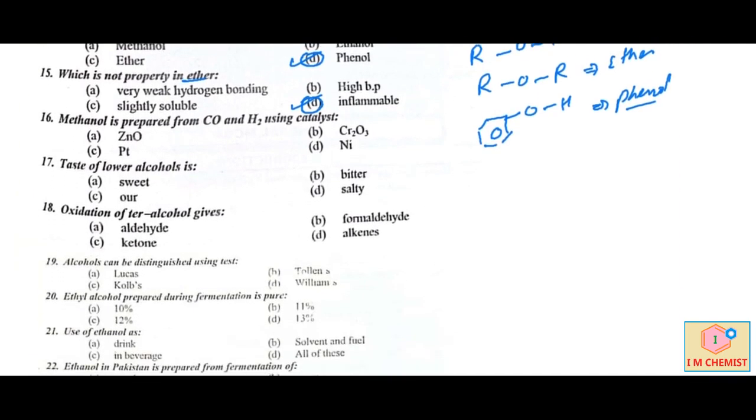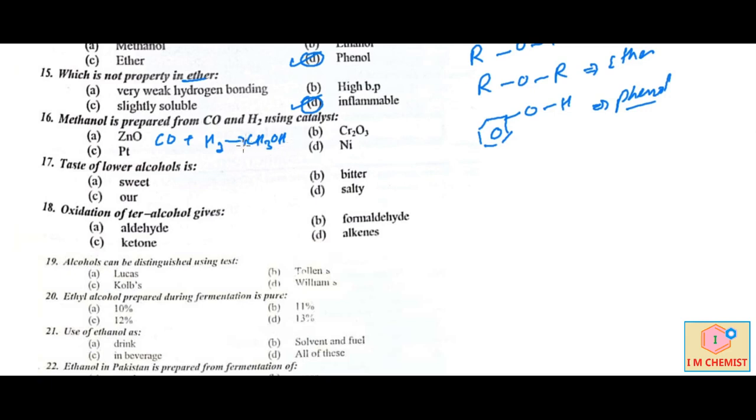Methanol is prepared from carbon dioxide and water using... So we have a chemical reaction, that is carbon monoxide. When treated with hydrogen, it gives methanol, that is CH3OH.